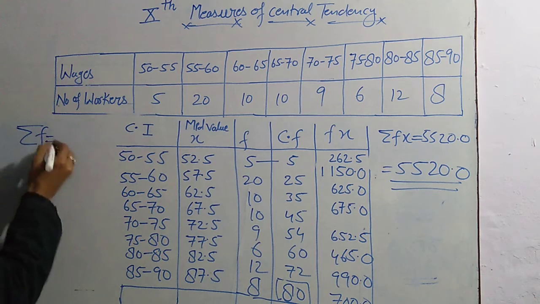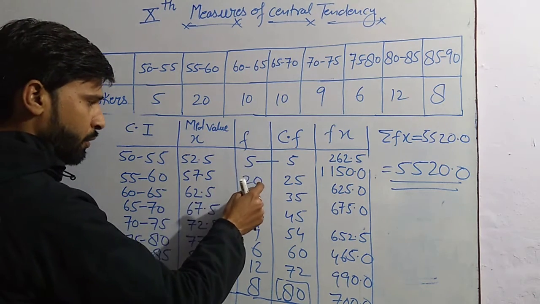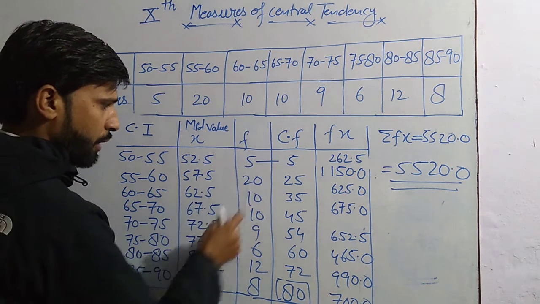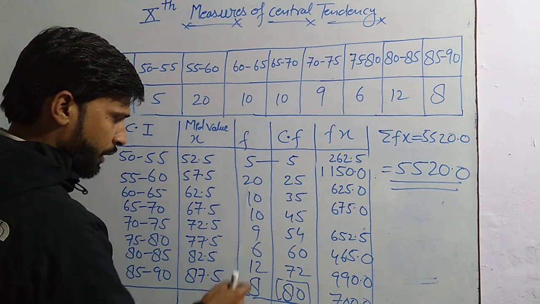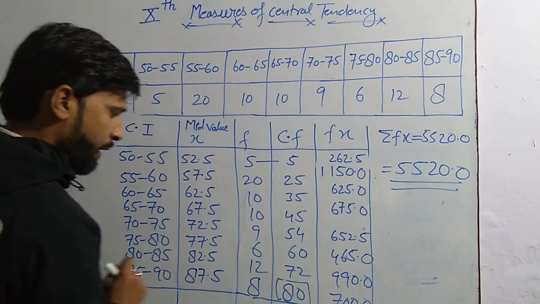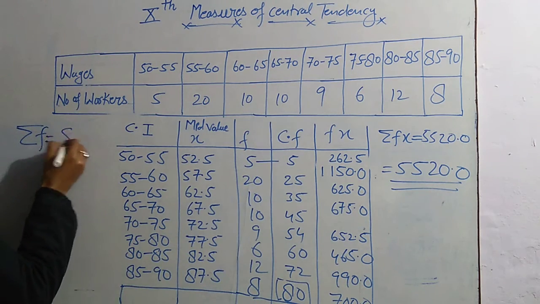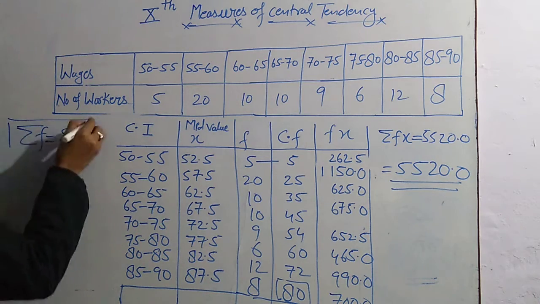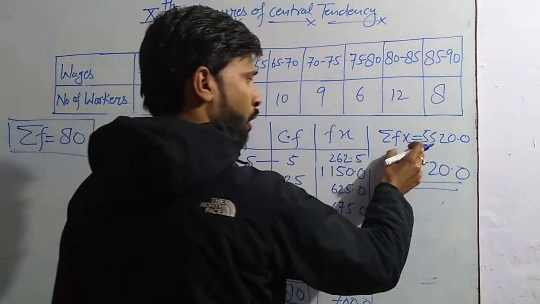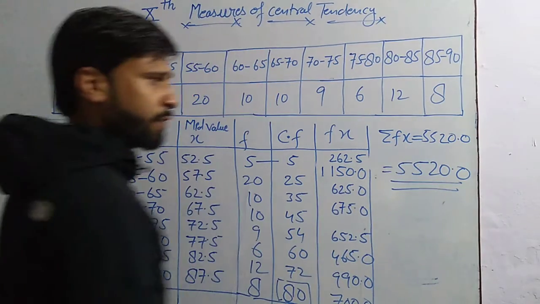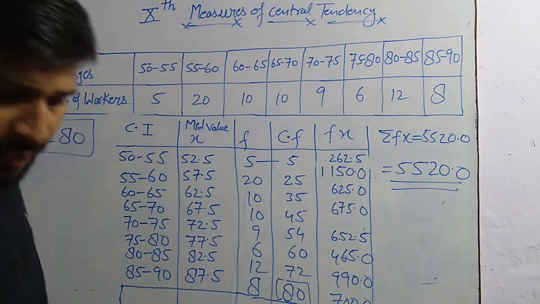Sigma f is 5, 25, 35, 45, 54, 60, and again we get sigma f is 80. The value of sigma f is 80 and the summation of sigma fx is 5,520.